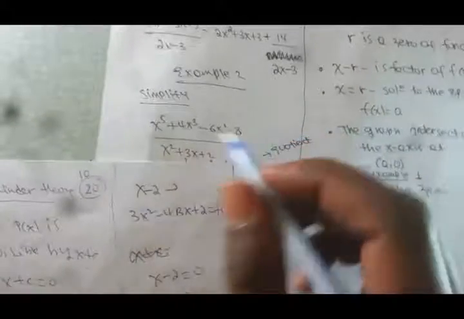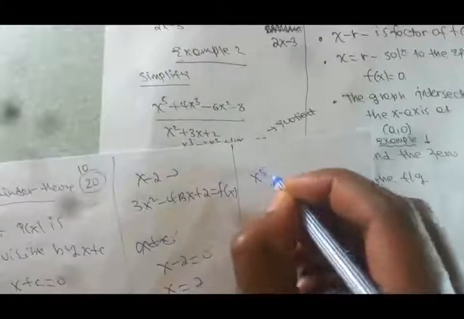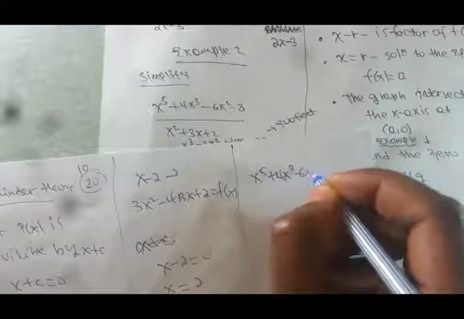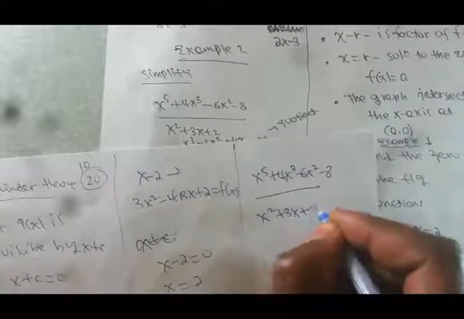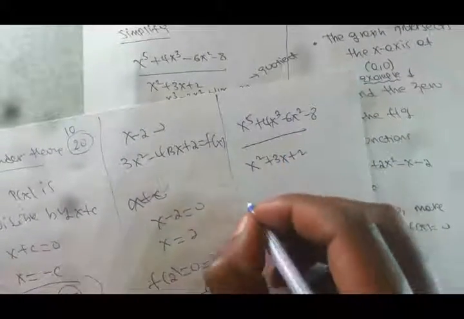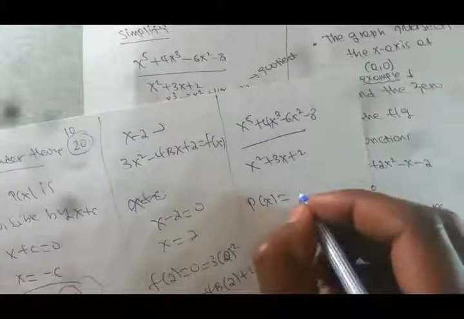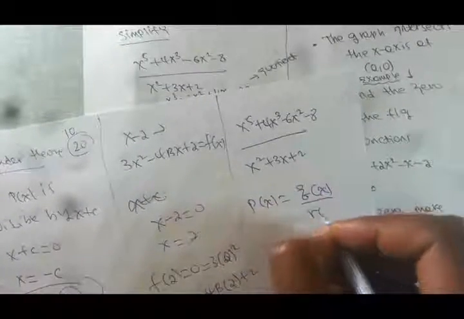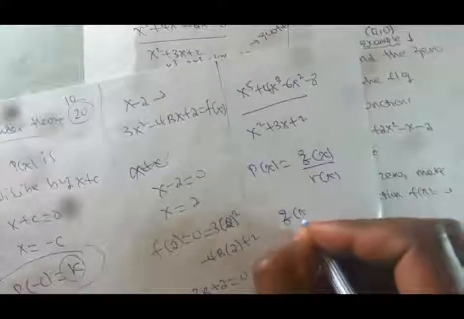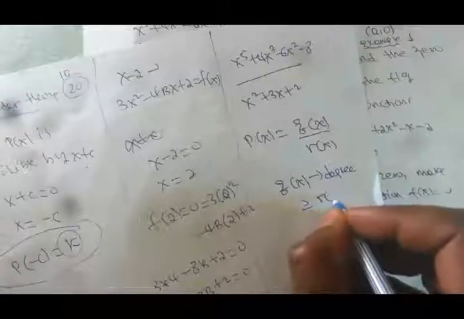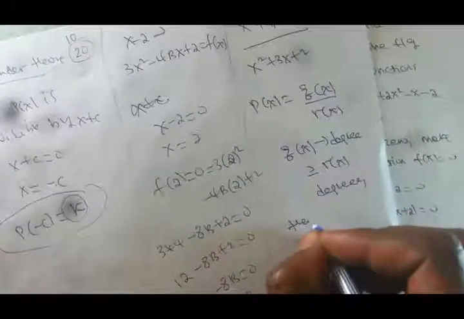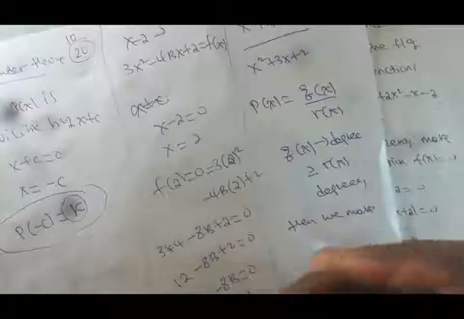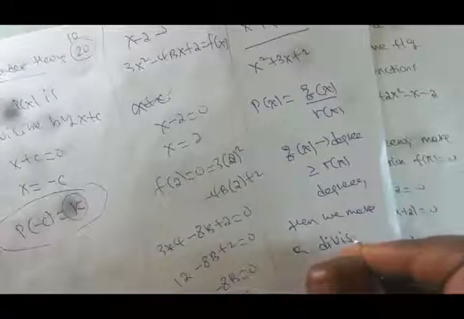Okay, example 2 says to simplify x raised to 5 plus 4x cubed minus 6x squared minus 8, divided by x squared plus 3x plus 2. Whenever we are given a function, let's say p of x is given as q of x over r of x, if the degree of q of x is greater than or equal to the degree of r of x, then division is possible.